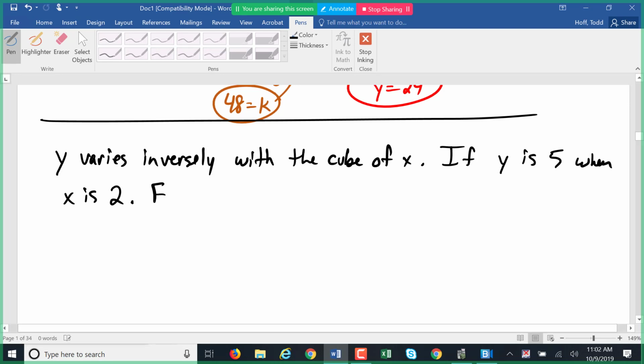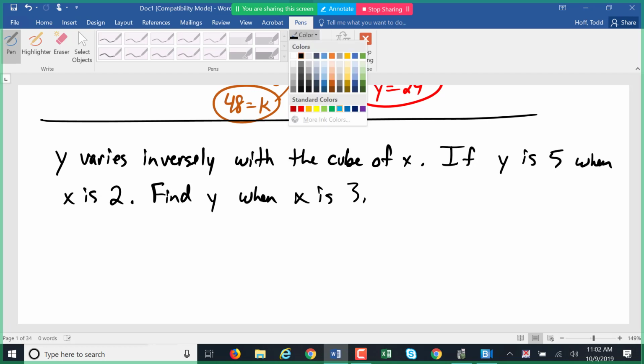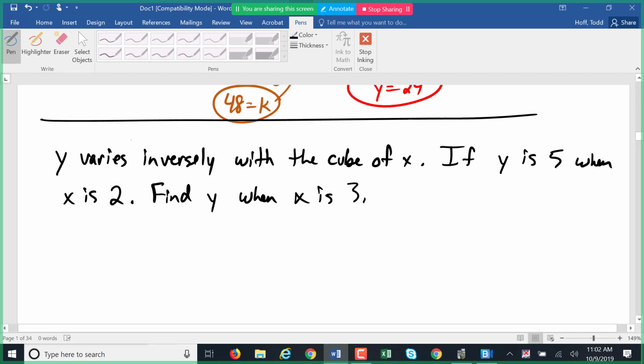Yeah, it'll work. Find y when x is 3. It'll give us an ugly number, but who cares?